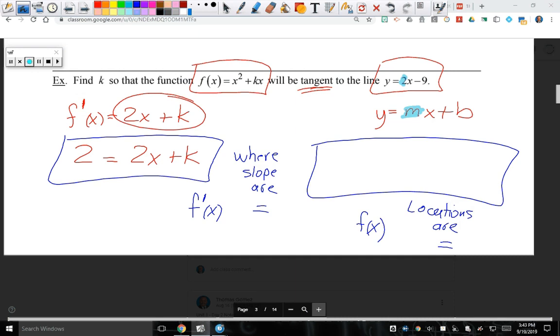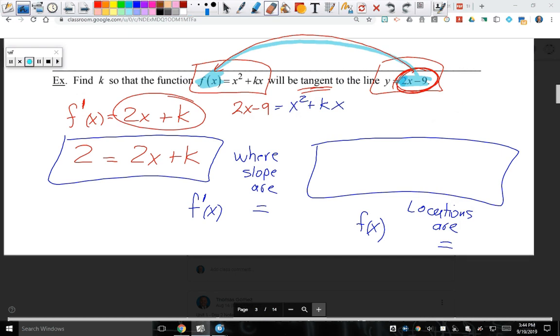So I'm going to take y, aka f of x, and I'm going to plug it right here. So 2x minus 9 is y, otherwise f of x. And it's equal to x squared plus kx. Christian already said it. I still have two variables.